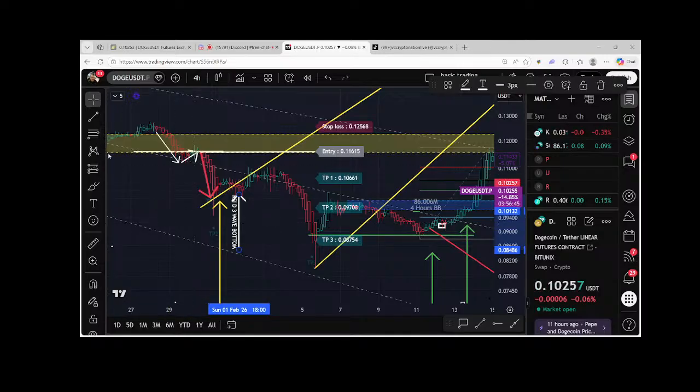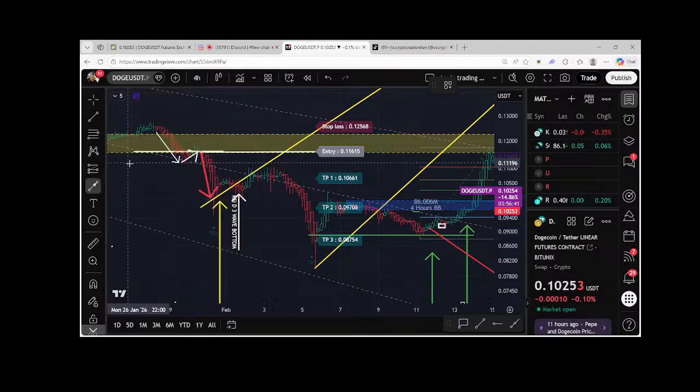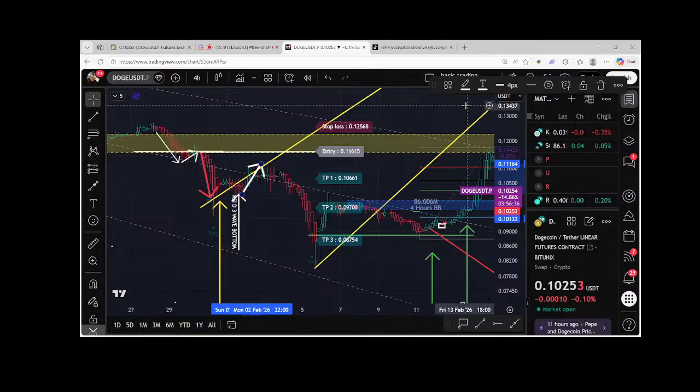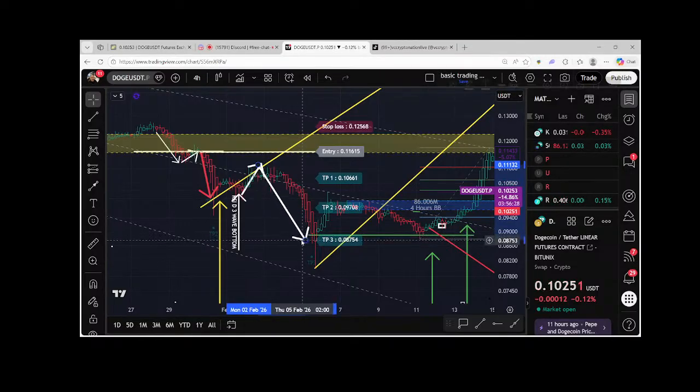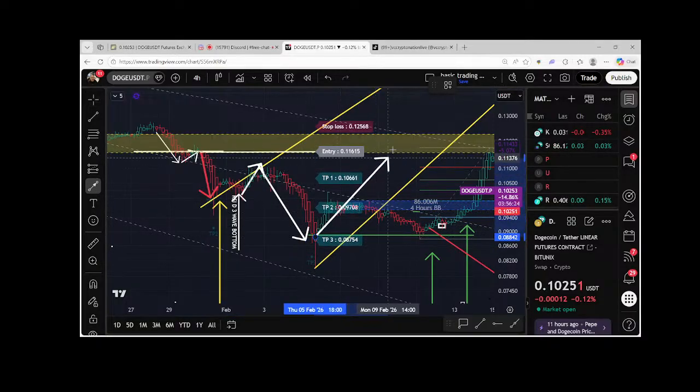Which would mean, if we want confirmation of that, what would have to happen? We would expect a bounce. Then we would expect a pullback. Then we would enter at that position, and that is the long position that we would take.